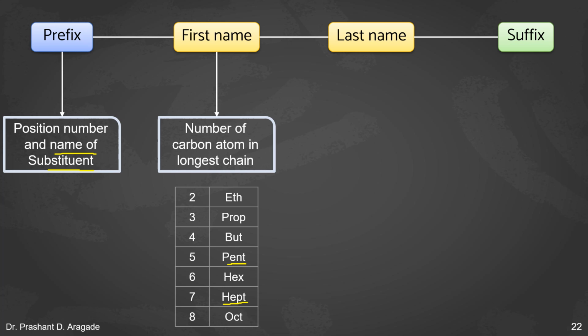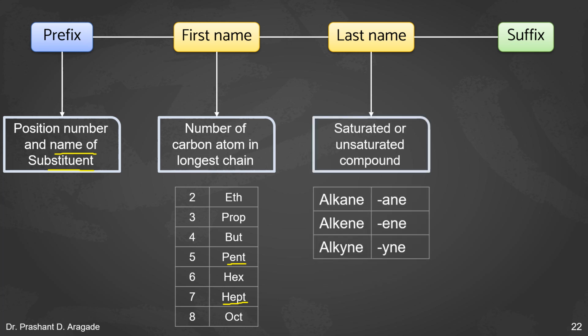And the first name should be followed by the last name. This last name is derived from whether that longest chain is saturated, that is carbon-carbon single bond, or unsaturated, that is carbon-carbon multiple bond. So ANE is used for carbon-carbon single bond, ENE is used for carbon-carbon double bond, and YNE is the last name used for the carbon-carbon triple bond.